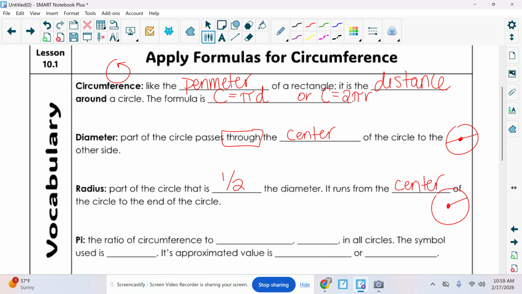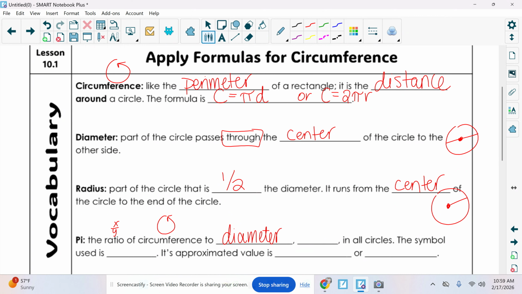And then we have pi. Pi, not P-I-E, like the pie you eat. Pi, like the Greek word. Pi is the ratio. Remember, ratio, we can write it as a fraction. Ratio means fraction, of the circumference to the diameter.